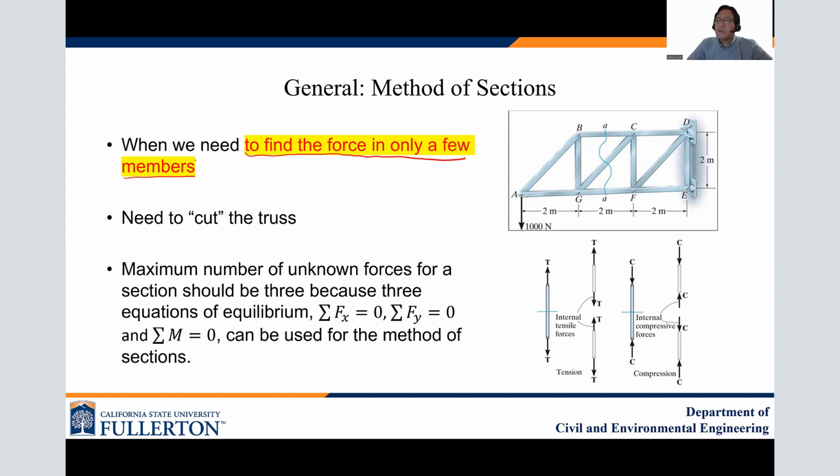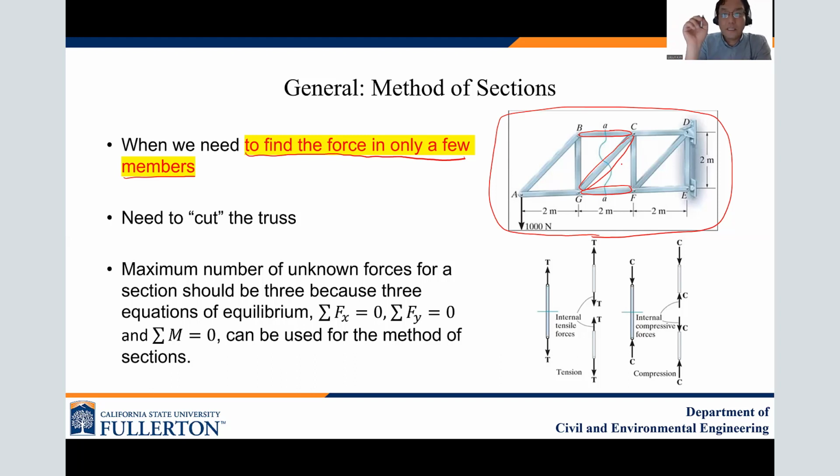For this method, a truss needs to be cut. For example, in this figure, you want to know the member forces for member BC, GC, and GF. So only 3 members.